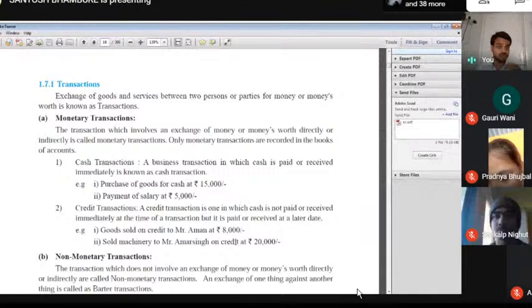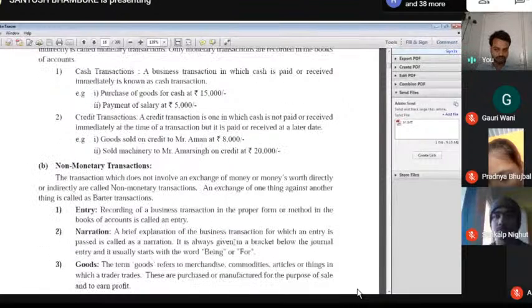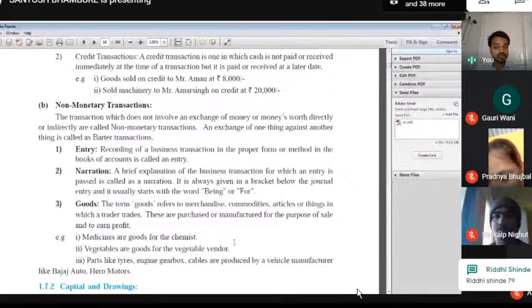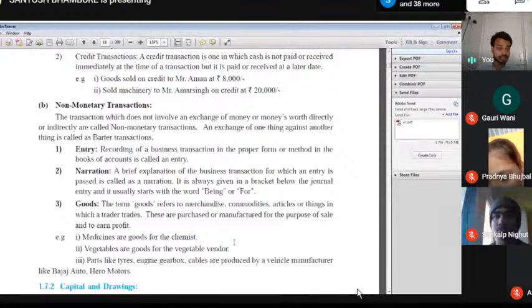There are two types: cash transaction or credit transaction. Then non-monetary transaction: the transaction which does not involve any exchange of money directly or indirectly is called a non-monetary transaction. An exchange of one thing against another thing is called a barter transaction.